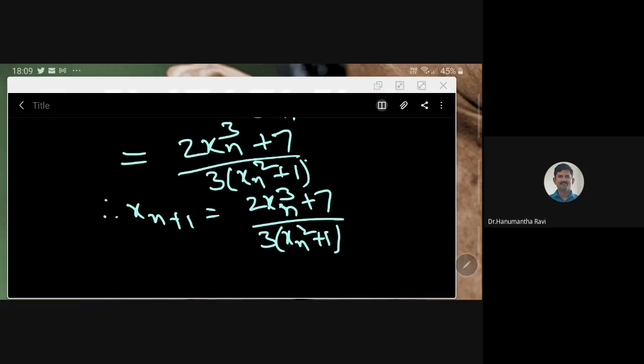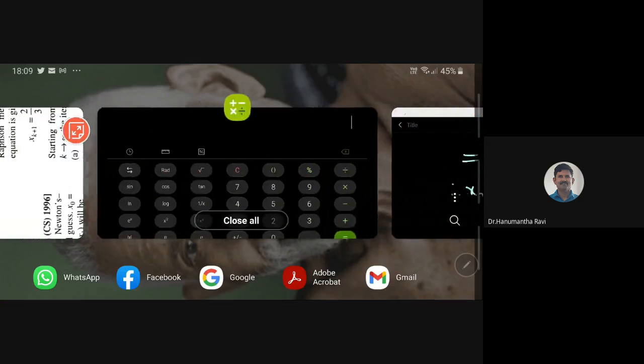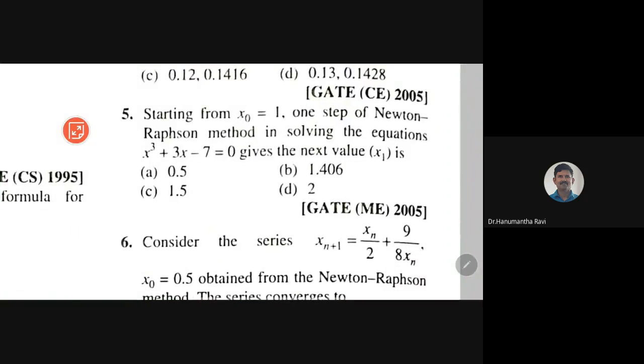X0 is 1, that is given, and we need to find the next value x1.